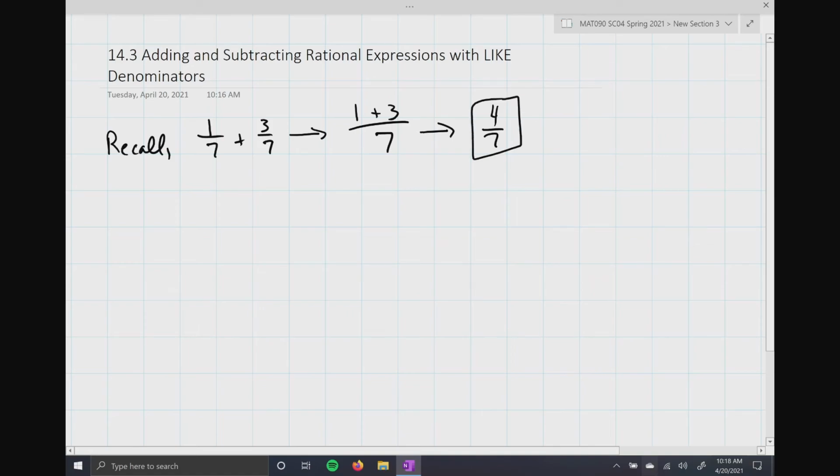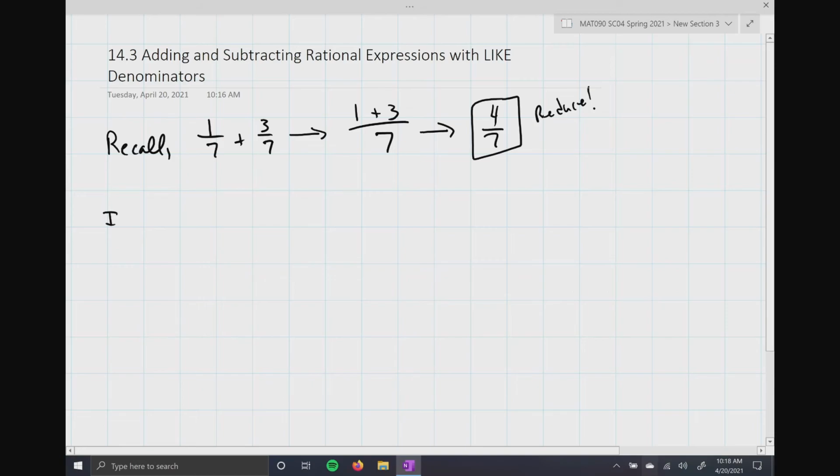Now remember, you always want to make sure that your answer is reduced. In this case, it is. But if you could do this, then you could do all the problems that we're going to be looking at here. All right? But there is something I want to write down because a lot of us forget this. So I want to write down the rule.